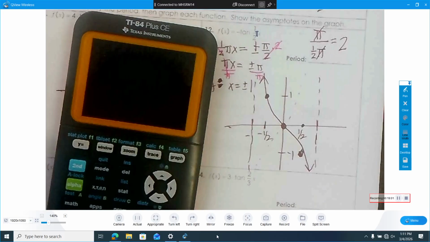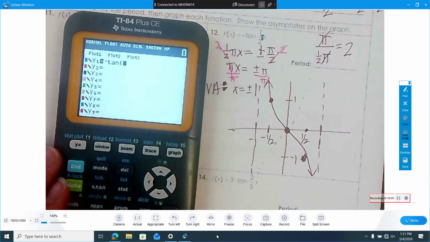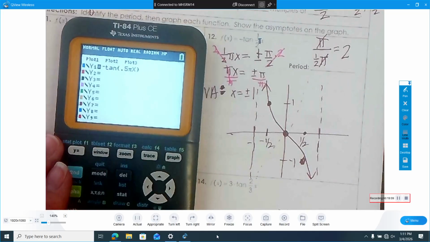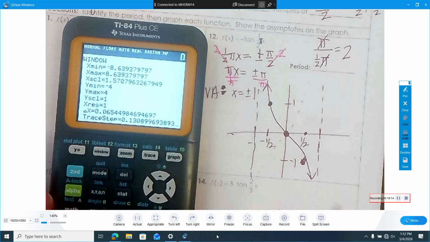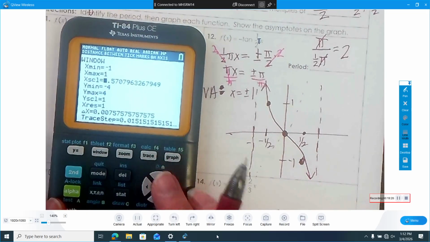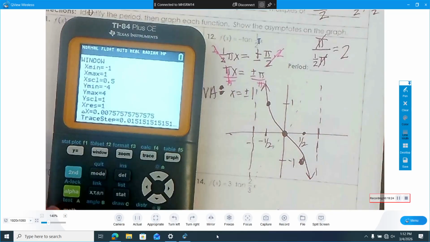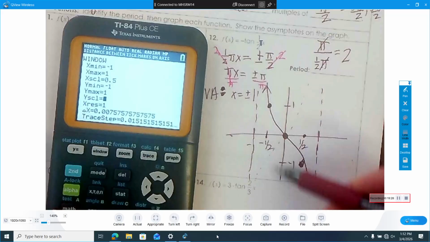Again, it's kind of nice. You can check negative tangent of 0.5 pi x. And I can set my window to be identical to what I have here. So my x-axis can go from negative 1 to 1. And then I'm going to set my step to be 1/2. My minimum is negative 1, and my maximum is positive 1 on my y-axis.